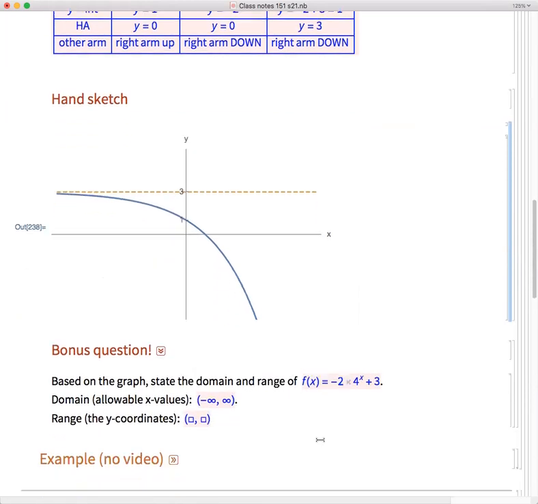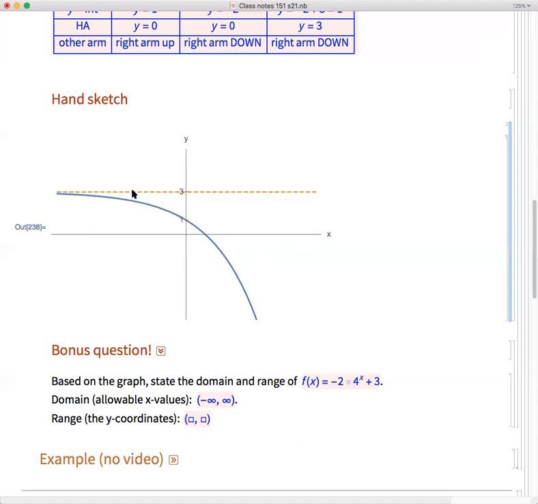Okay, so sometimes you will be asked for a little bonus information about these functions and their graphs. Based on the graph of this function, we'd like to state the domain and range. Remember the domain is all of the allowable x coordinates, and the domain for this exponential is -infinity to infinity. You can plug in any x value. When you ask for the range, remember what you're looking for are the y coordinates that are on the graph.